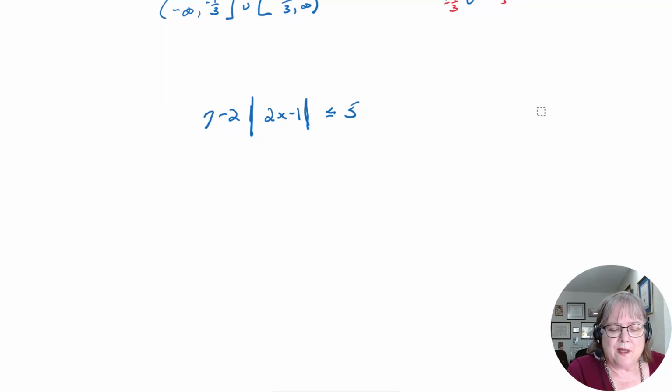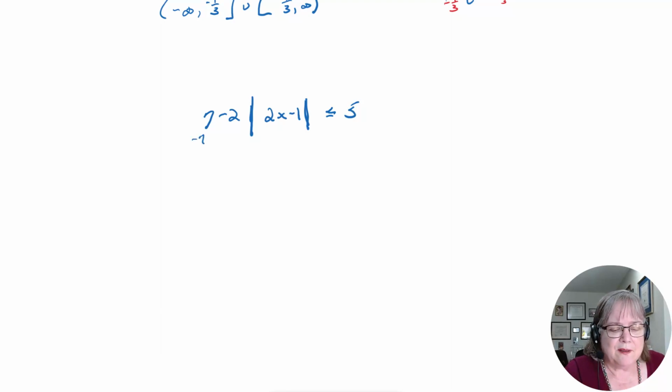But this particular 2 is actually multiplying the absolute value entity. And remember your order of operations: parentheses, exponents, multiplication, division, addition and subtraction. So you can't subtract 2 before it multiplies. It has to do its multiplication job before you can subtract it. But I could get rid of the 7 by subtracting it from both sides.